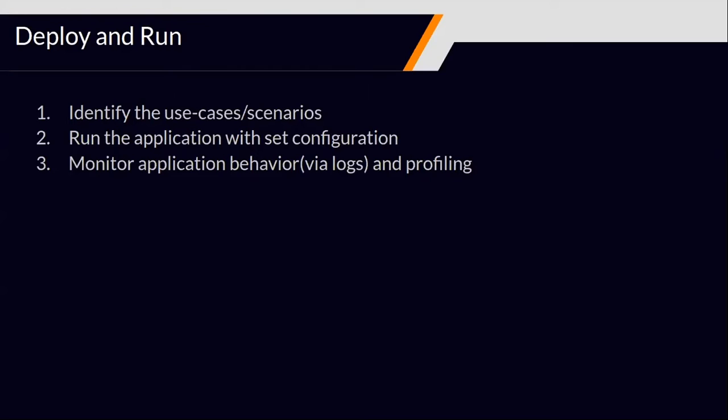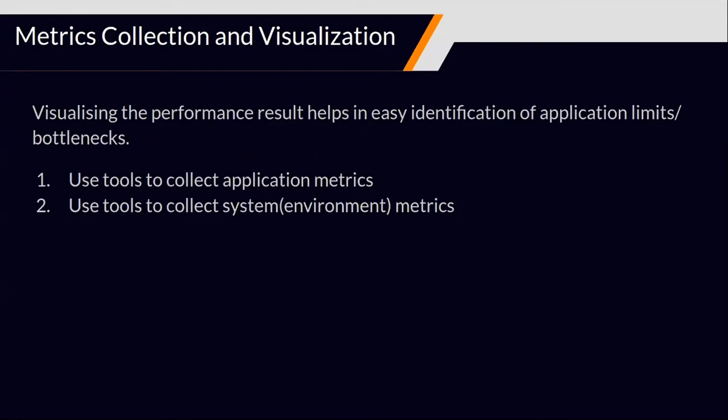We'll see certain examples of how to find the actual reason of the bottleneck later on, but we need to visualize it so that it's quite evident how well the application is performing under a certain load. So that is metrics collection and visualization.